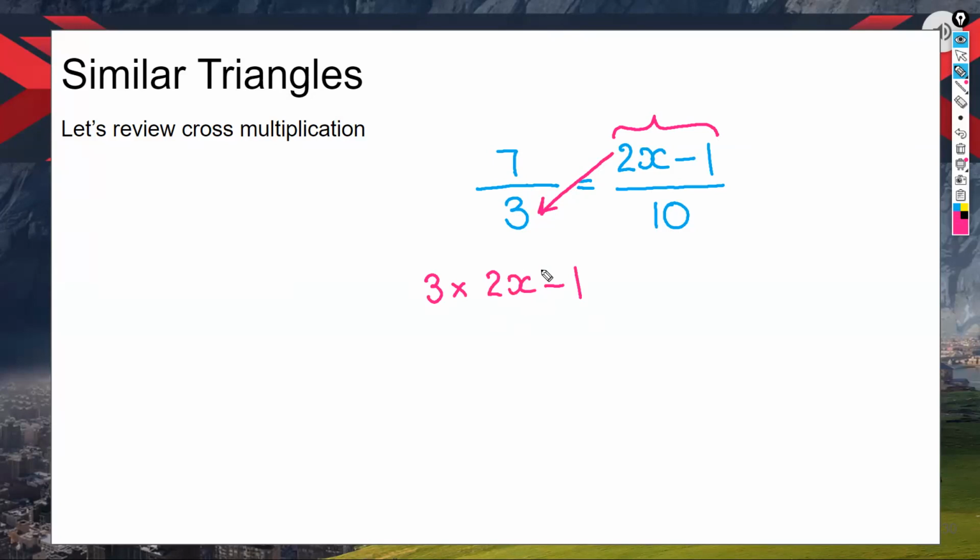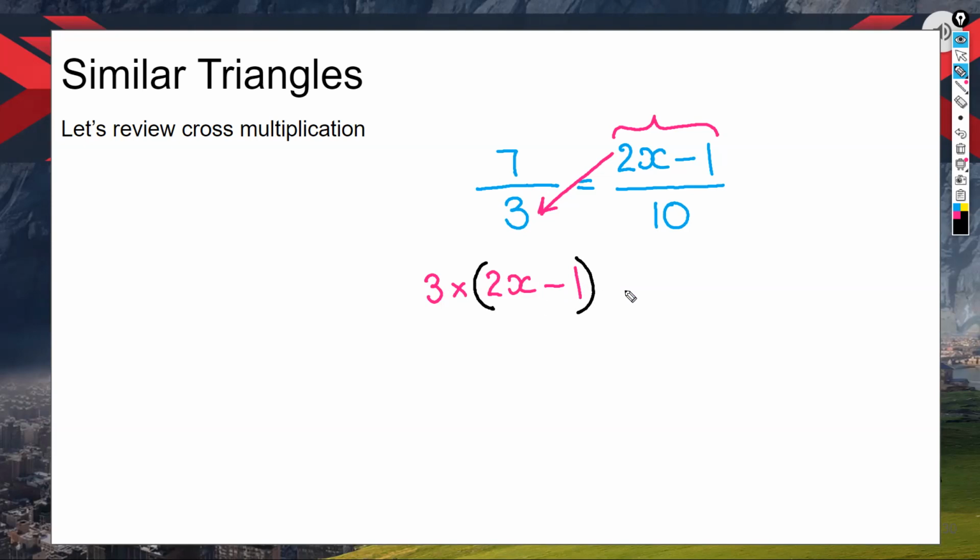But if you write it like this, you most likely are going to make a mistake, because this means you're only multiplying the 2x. Don't we want to multiply the whole thing by 3? So you have to put it in what? Brackets. And everyone here gets multiplied by the 3, the 2x and the minus 1. Not just one of them, both of them.